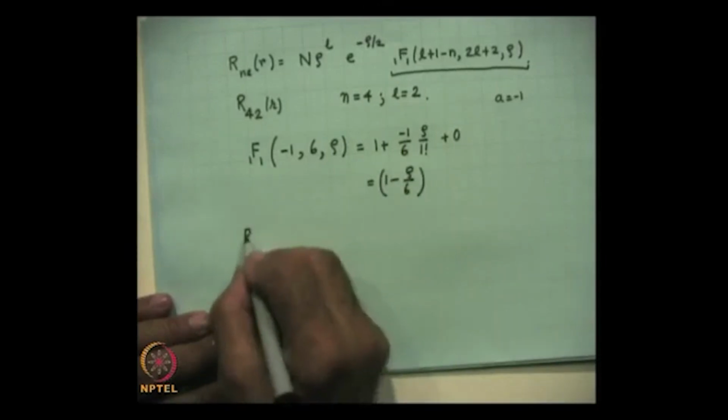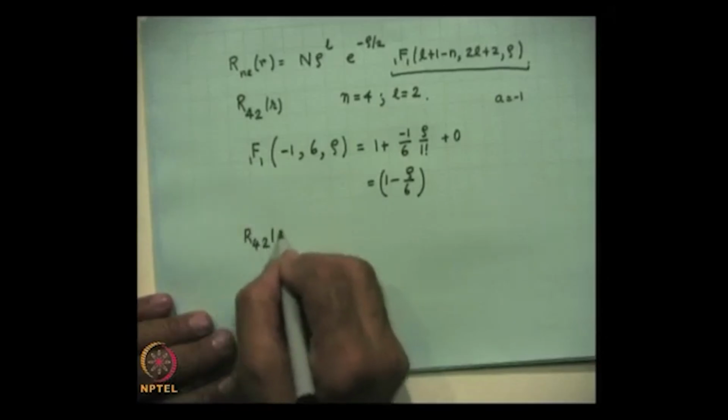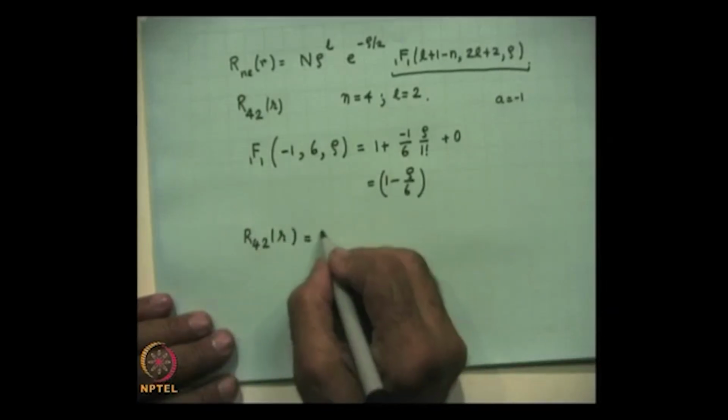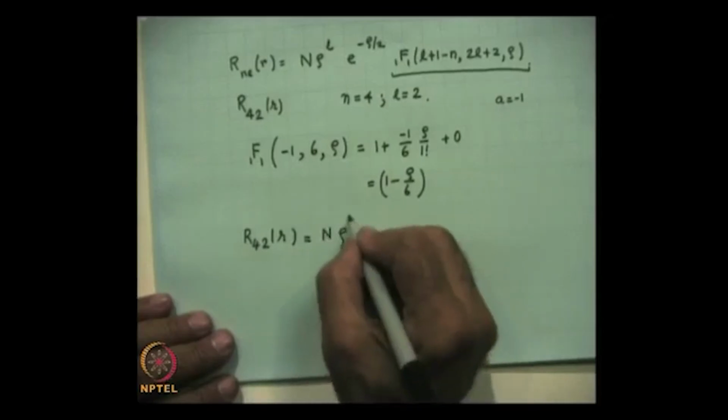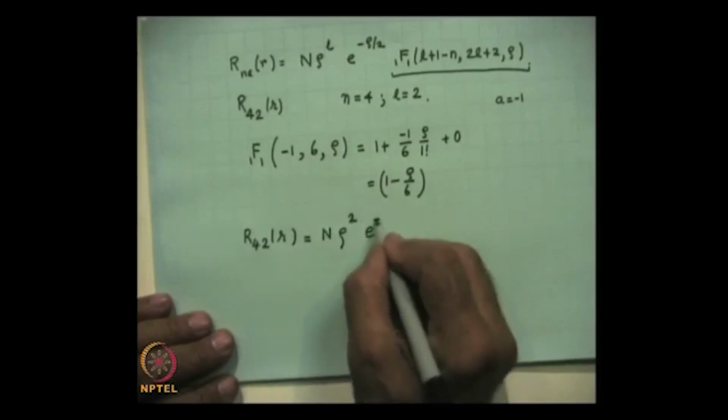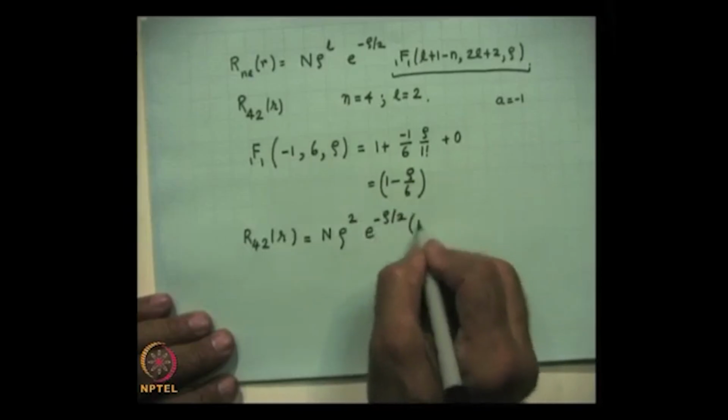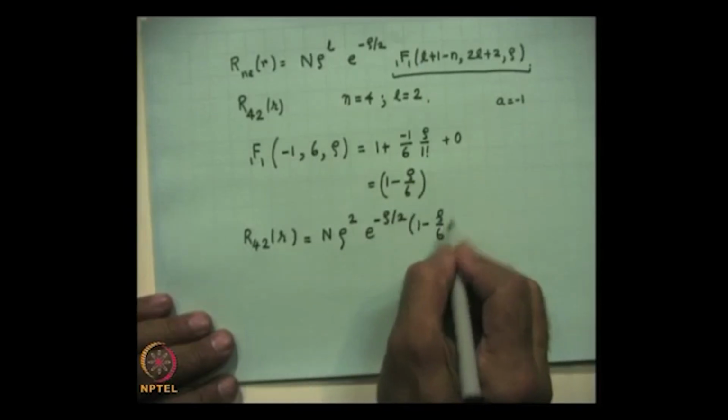So, this will be just 1 minus rho by 6. So, R 4 2 of r will be equal to n rho squared, L is 2, e to the power of minus rho by 2 times 1 minus rho by 6.